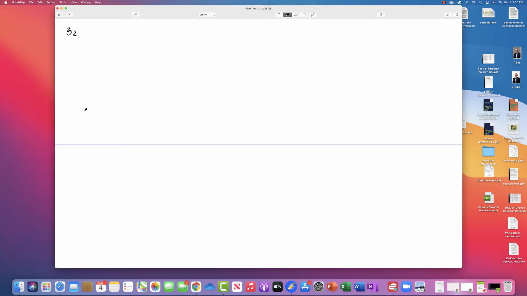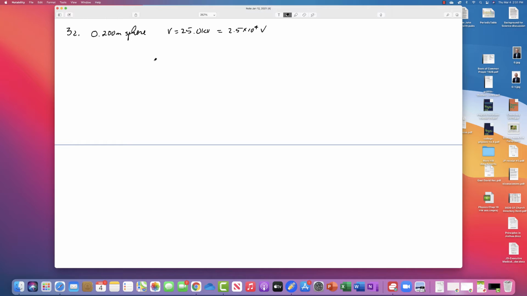Okay, so we have a 0.200 meter sphere, and that sphere is charged with a voltage of 25.0 kilovolts, which is equal to 2.5 times 10 to the 4 volts.